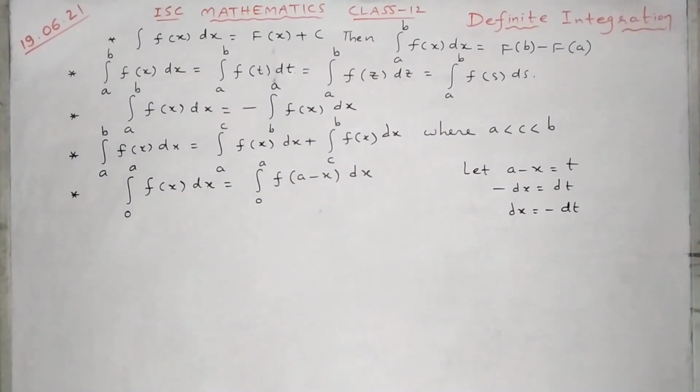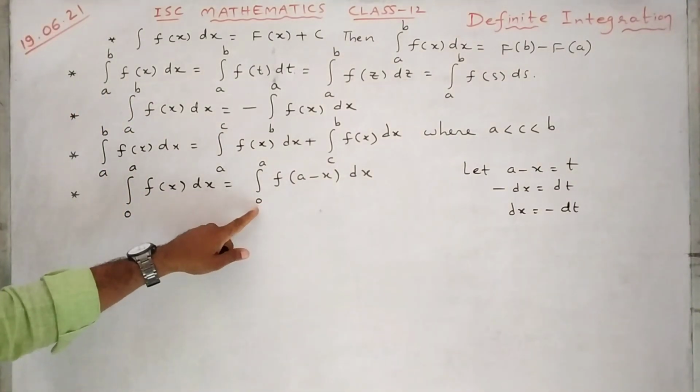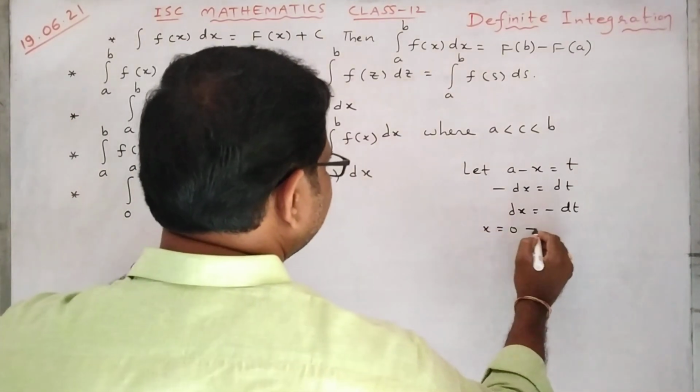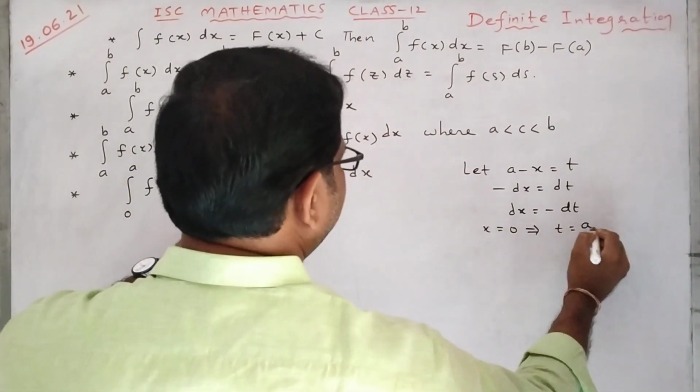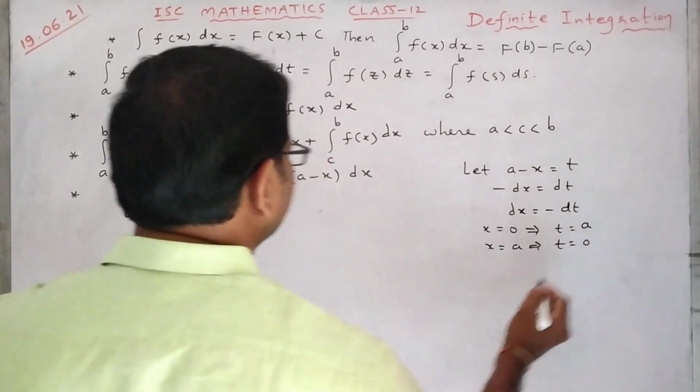In definite integration, if you take a substitution, we have to change the limits also. Limits are from 0 to a, that is x. If x is 0, then t will be a. If x is a, then t will be 0.